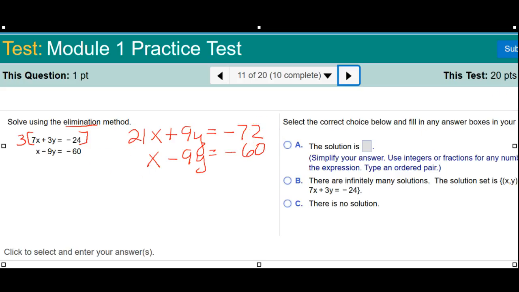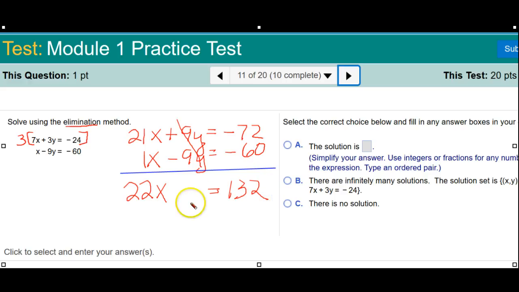Now I put my line, and I just add them up. So I guess I can do this part. Remember, there's a 1 there, so this is 22x. Here these cancel out, which is the elimination method, and this becomes 132.